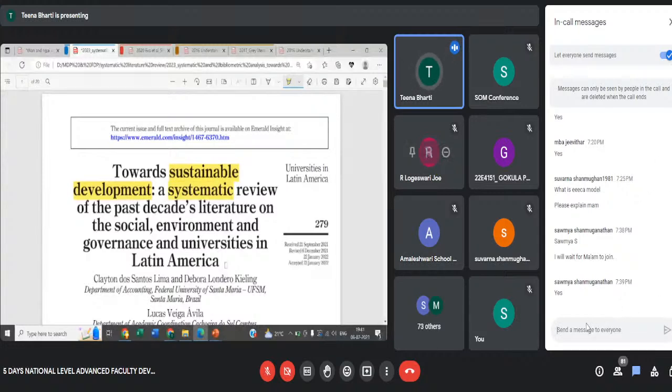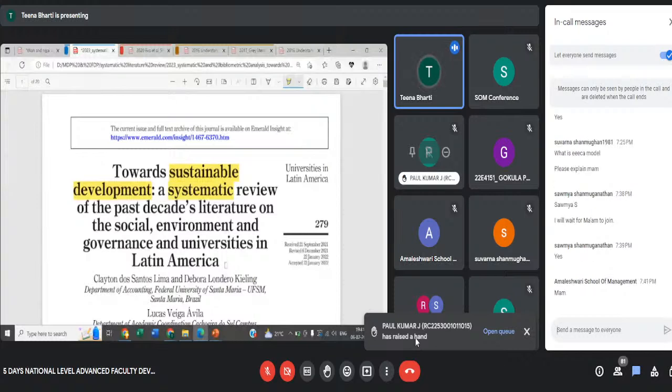For example, we talk about the introduction, and in the introduction, whether there are certain areas which have been explored. So, for example, this study has been conducted based on the ESG framework only.